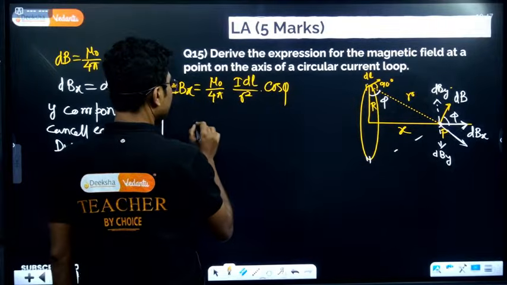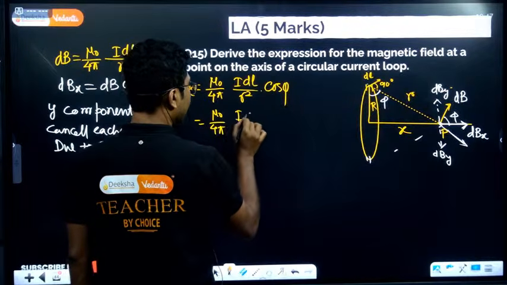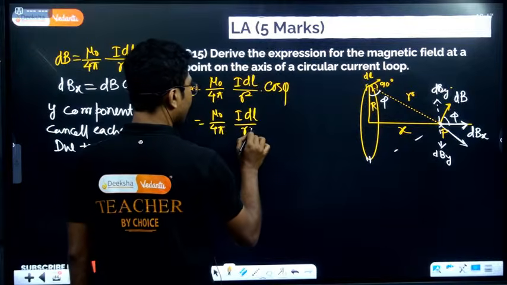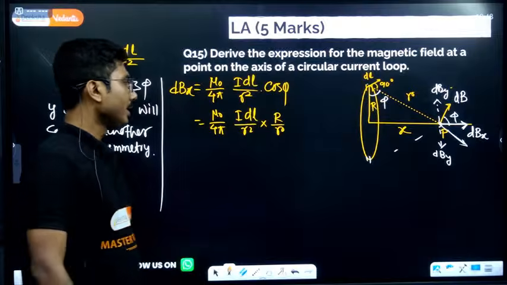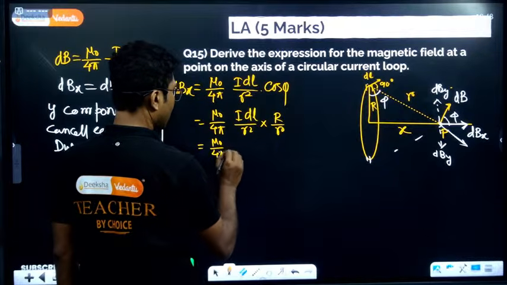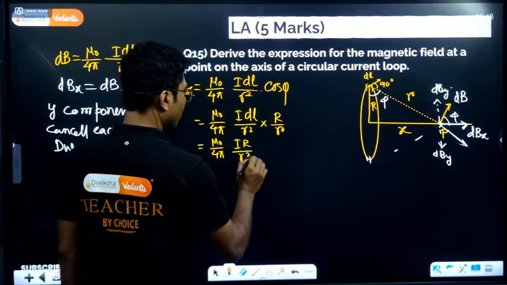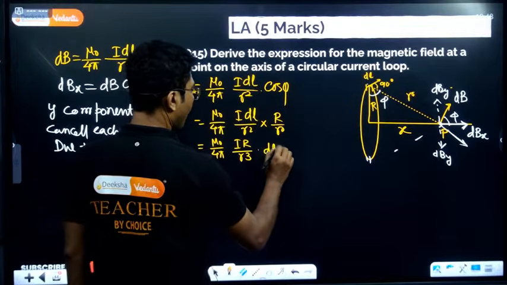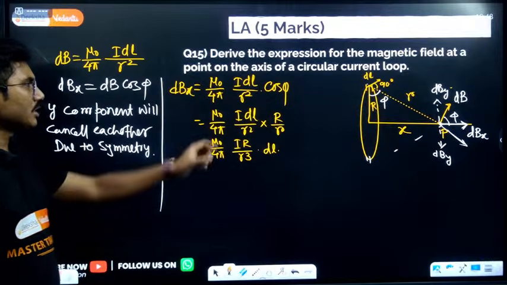So that means mu naught by 4 pi I dl upon r square, capital R by small r. That means it will be mu naught by 4 pi I R upon r cube into dl. Now this is due to the small element.